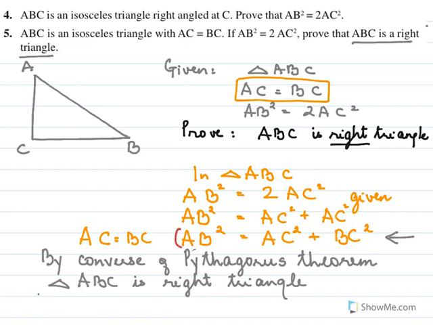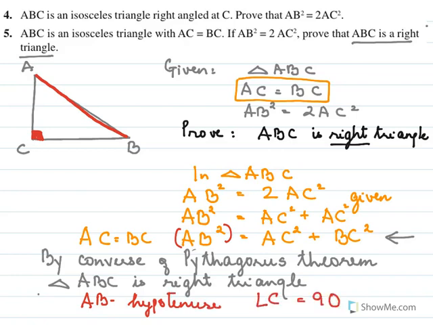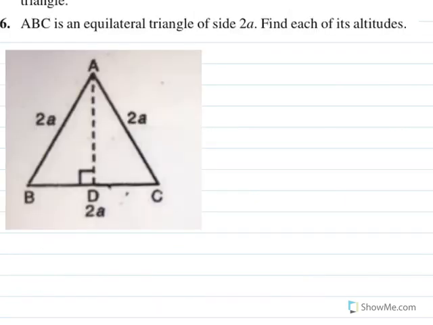And I know AB has to be the hypotenuse, because this is AB square here. So here is my hypotenuse. And if AB is my hypotenuse, angle C must be 90. So with AB hypotenuse, and therefore angle C equal to 90.